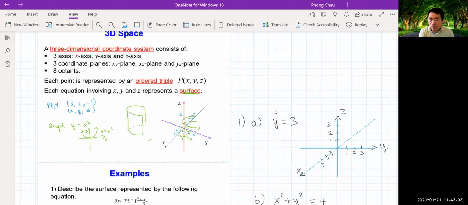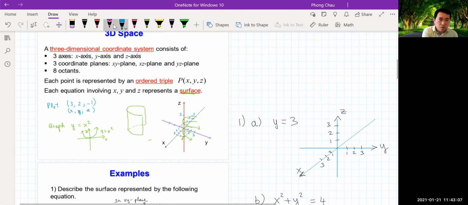So where is y equals 3? Y equals 3 is here. Now notice that means any point with y equal to 3 satisfies the equation, right? Regardless of what x is, what z is.